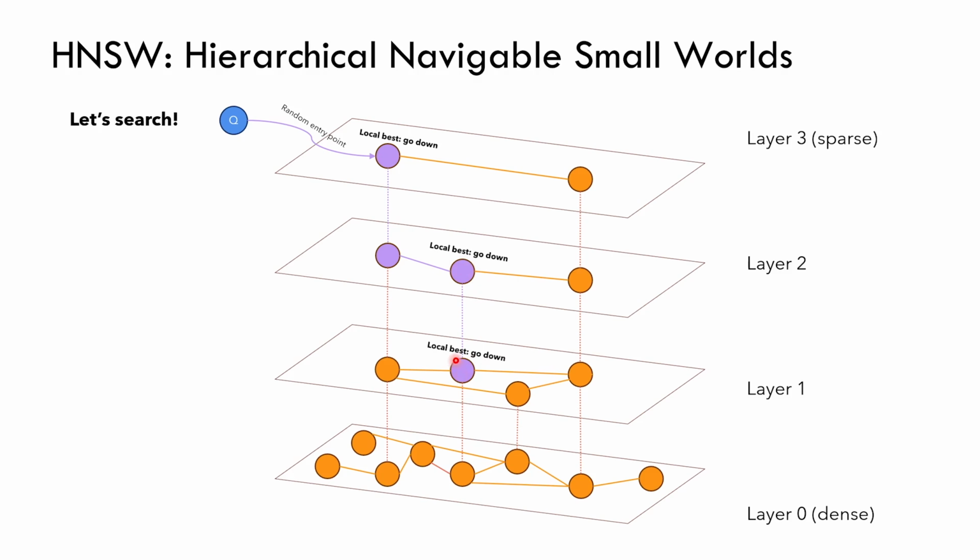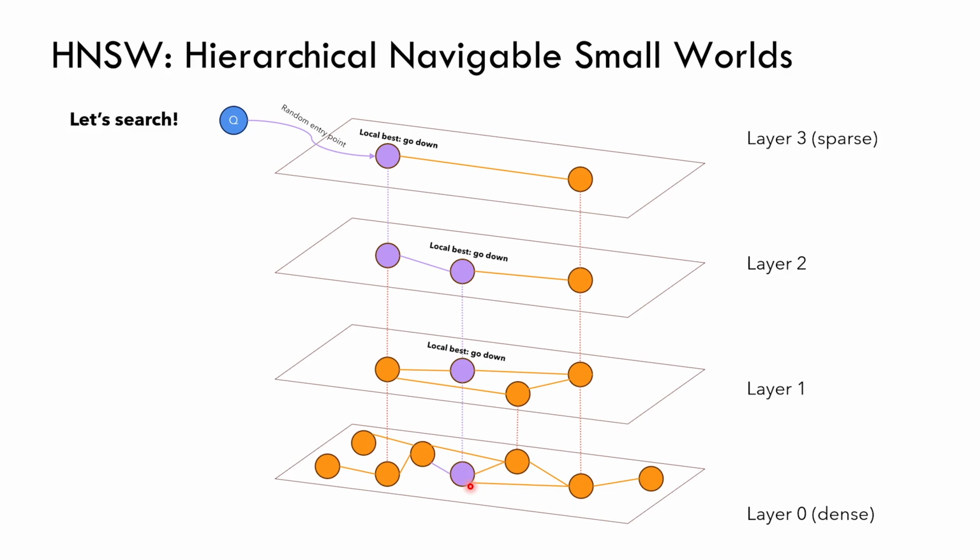Also this one, we see that it's the best one among all of its friends for the cosine similarity score, so we go down. And then we do this test again and we ask, what is the cosine similarity score of this node and the query, and also all of its friends with the query, so this node, and this node.